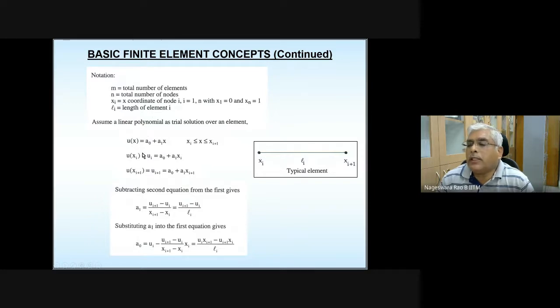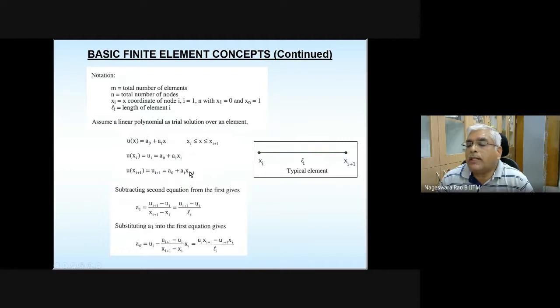So u is equal to a0 plus a1x. It's similar to y is equal to c plus mx. u is equal to a0 plus a1x, and x varies from xi to xi plus 1. If x is equal to xi, u is equal to ui. If x is equal to xi plus 1, u is equal to ui plus 1.